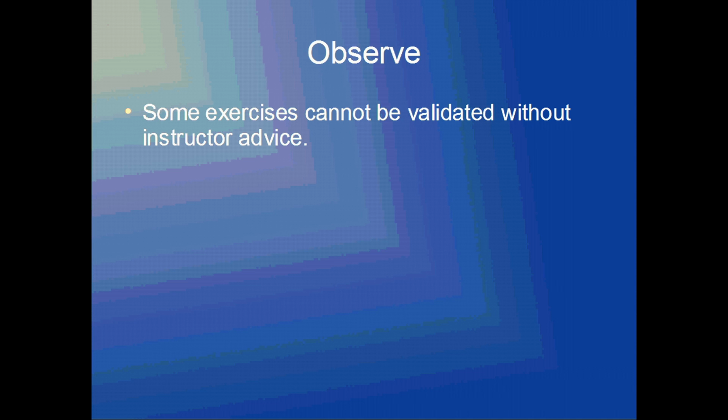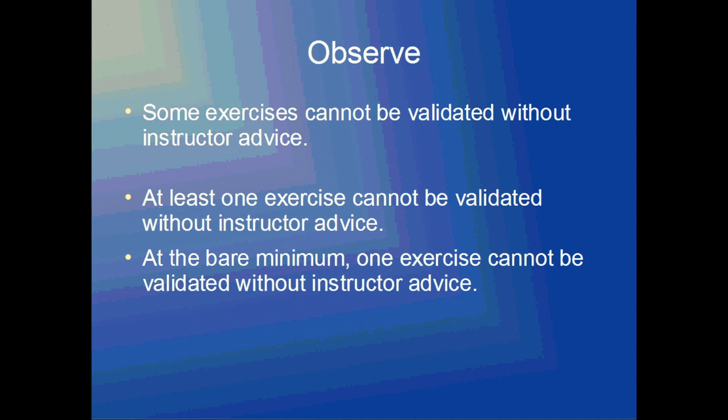Okay, and I'll show you two alternative ways which are equivalent to each other, but not necessarily equivalent to this default way. At least one exercise cannot be validated without instructor advice, or at the bare minimum, one exercise cannot be validated without instructor advice. Okay, now imagine that there are only 100 exercises.